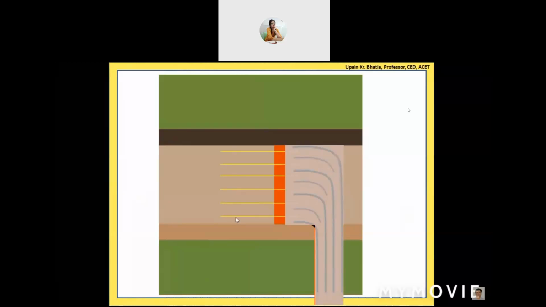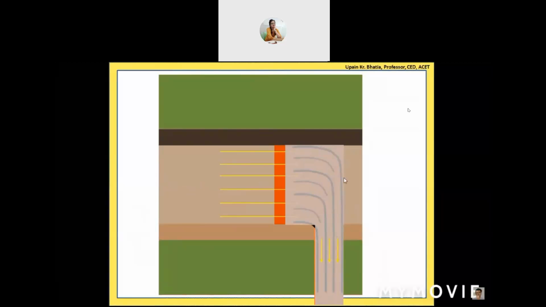The yellow lines again indicate the bottom layers with high silt content. They move along the bed, and here you can see they have entered below the diaphragm slab. I have made this slab a little transparent so that you can see these walls also. Where these flow lines are entering, they are ultimately diverted here and go sideways.